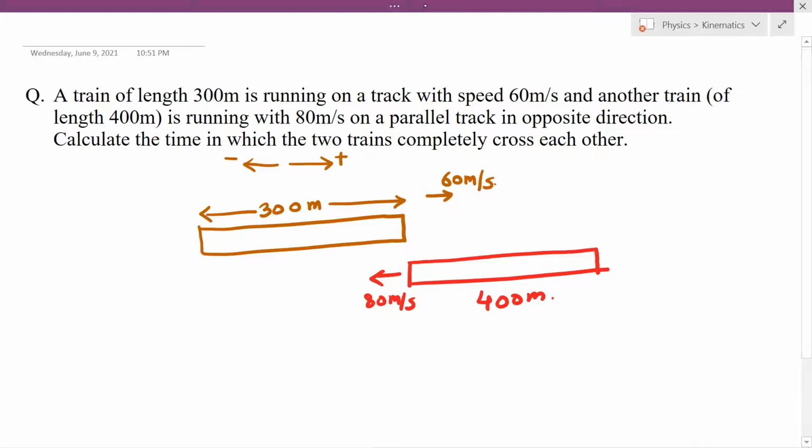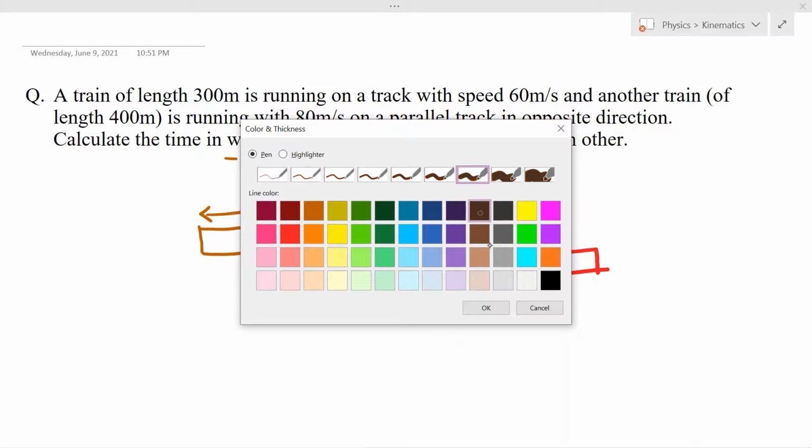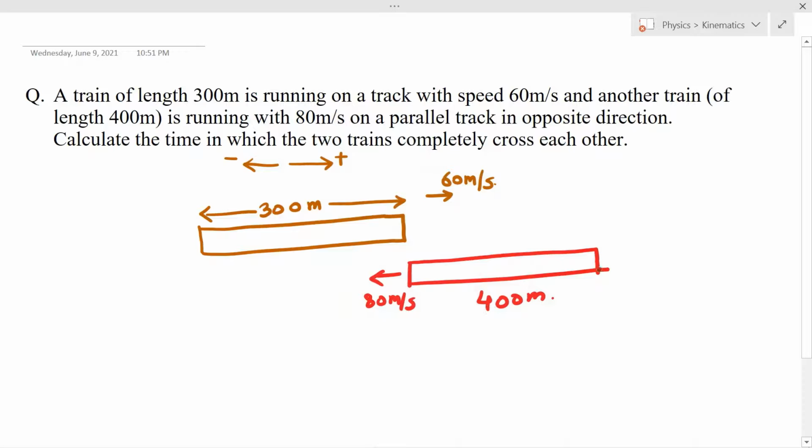That means this point of the red train should meet this point of the brown train. That is, the tails of these two trains must meet. And then we will consider that these two trains have completely crossed each other.